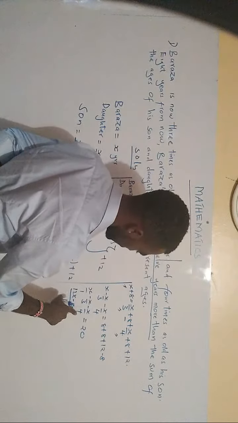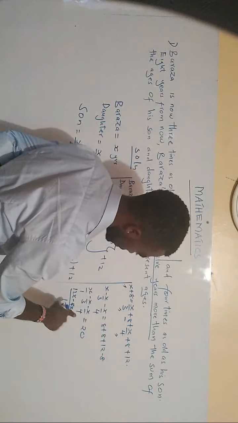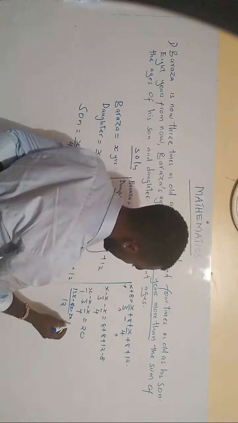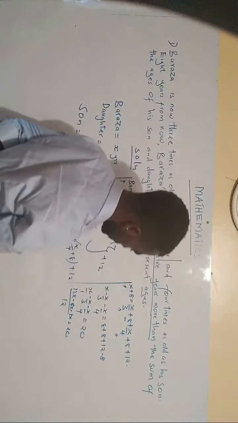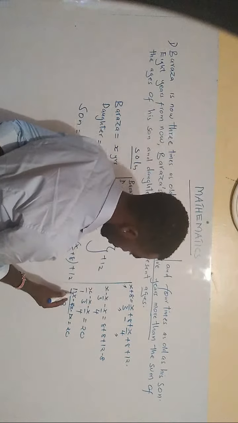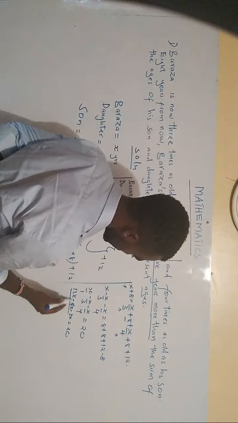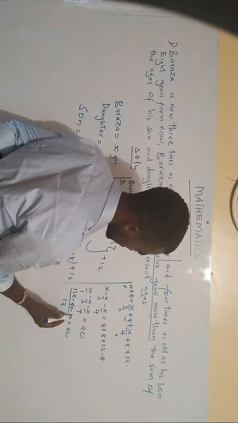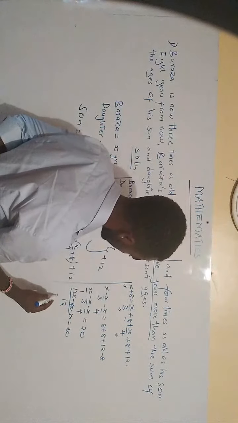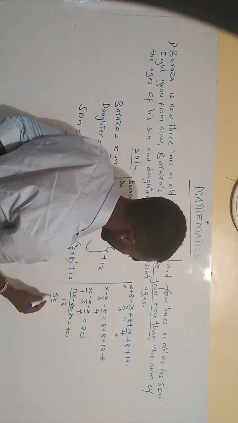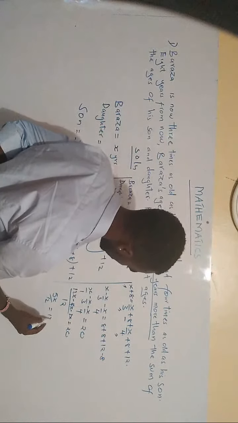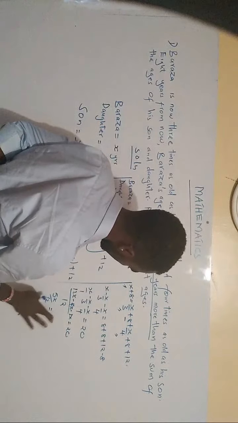Minus 12 divided by 4, that is 3x, is equal to 20. So 12x minus 4x minus 3x is 5x. So 5x out of 12 is equal to 20.